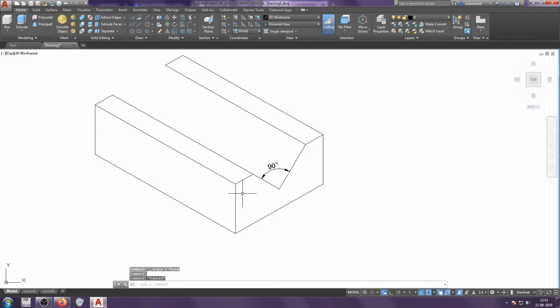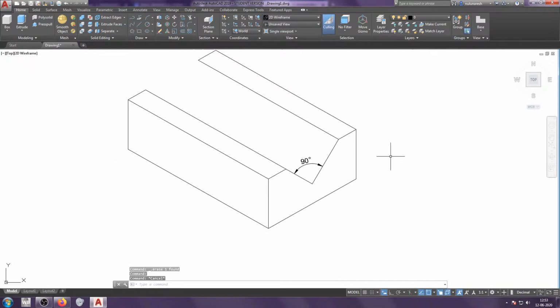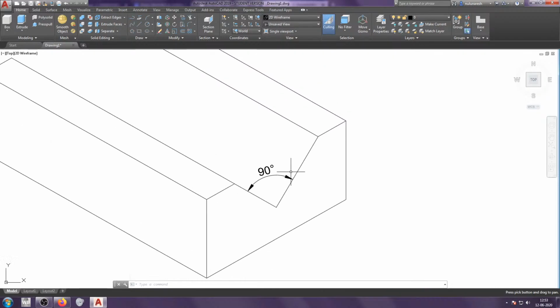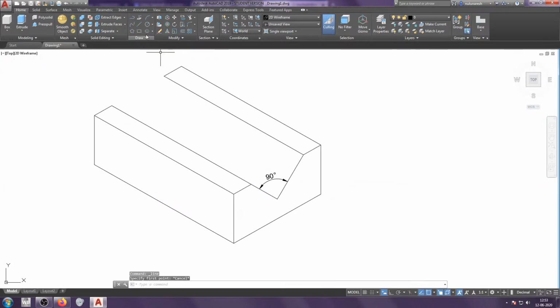No, I think it has to be 120, right? Let me draw some vertical lines here so that it is going to be very much clear.